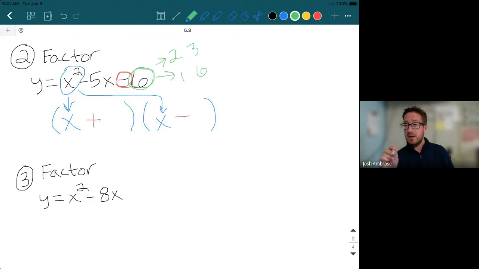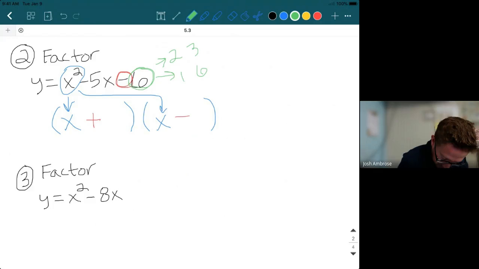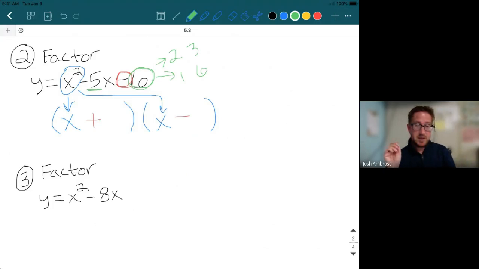Weirdly enough, both of these factor pairs, through addition or subtraction, could create 5. So I'm going to underline the 5 right there. Now, focus back on the signs. It's a positive and a negative. If I do 2 and 3, that's 2 minus 3 or 3 minus 2, which cannot create 5. But 1 and 6, through subtraction, can create 5.